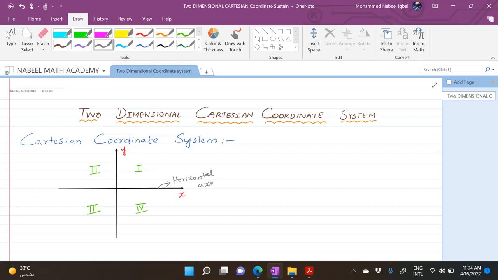And this one is the vertical axis, the y-axis, and this point we call the origin, 0, 0.